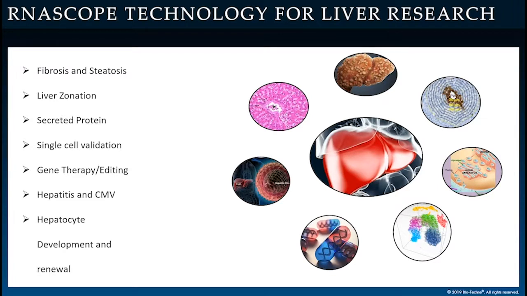So I've picked a few publications to show you some examples of these applications, and then we'll go a little bit into some of our newer workflows that help support a lot of these applications.